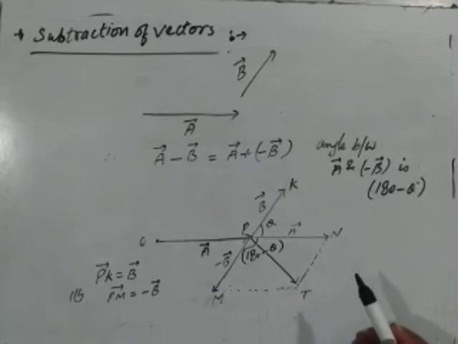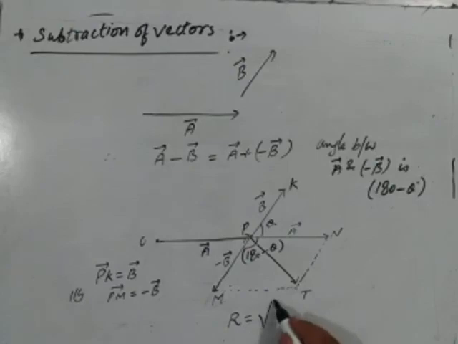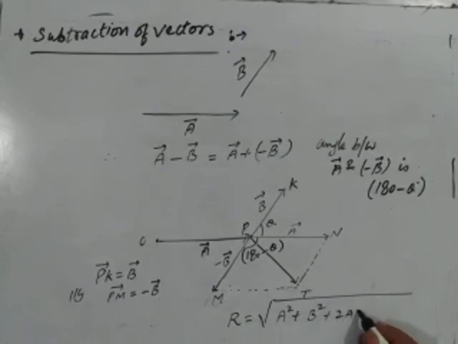And for finding out the magnitude of resultant, we will use parallelogram's law of vector addition. So R equal to under the root A square plus the other vector, this minus of B square, plus 2AB cos of the angle between the two. The angle between the two is 180 minus theta.